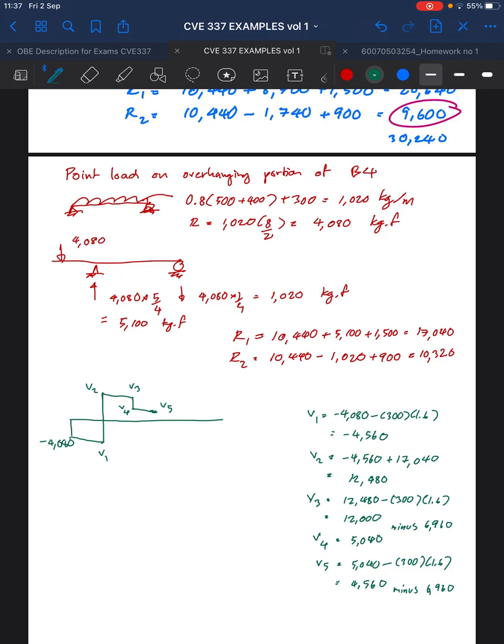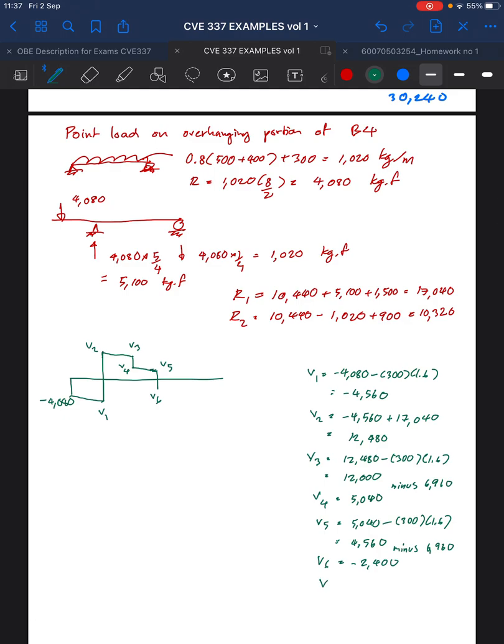Now we have V6, which is equal to minus now 2400, and then again V7, we minus that with the same term, which is the uniform load, 300 multiplied by 1.6.